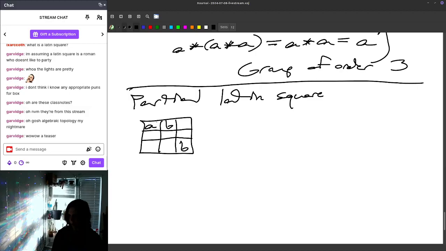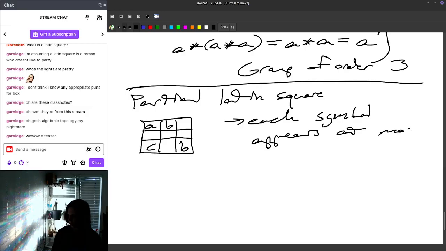Here each symbol appears at most once in each row.